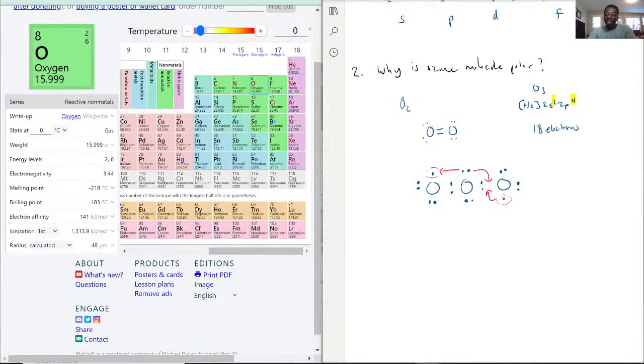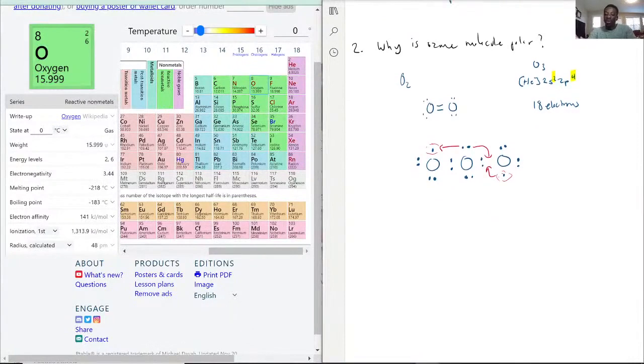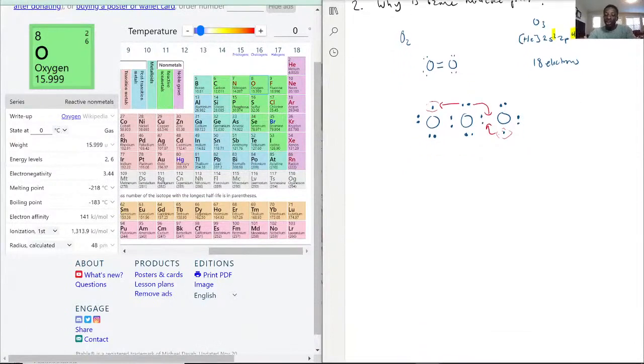We still keep track of the same amount of electrons, but now oxygen still gets to keep its octet, and at the same time it also gets to satisfy the other oxygens around it.